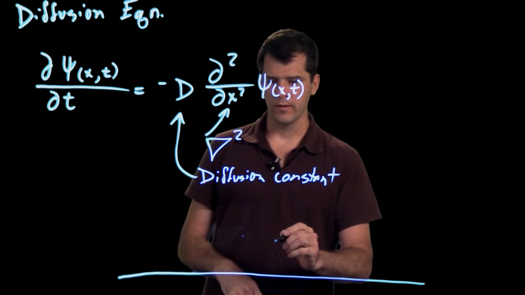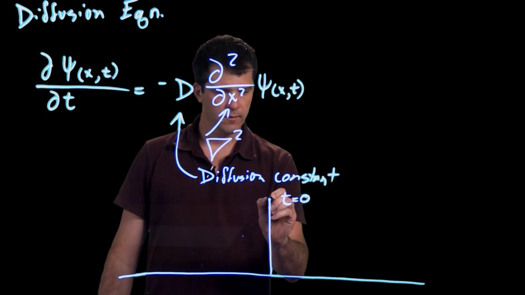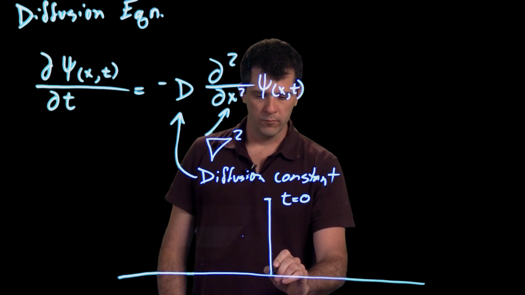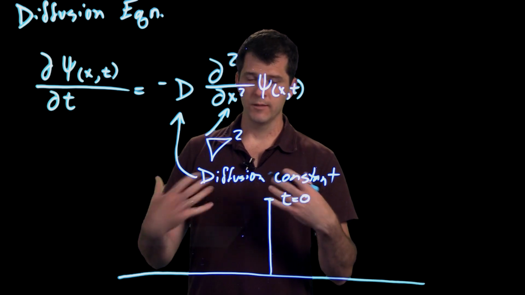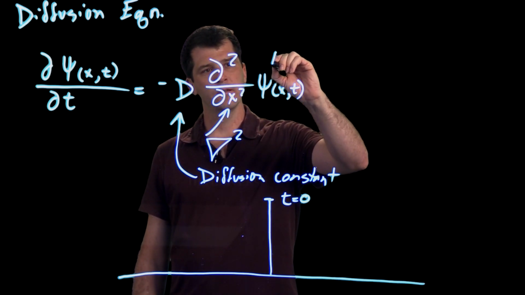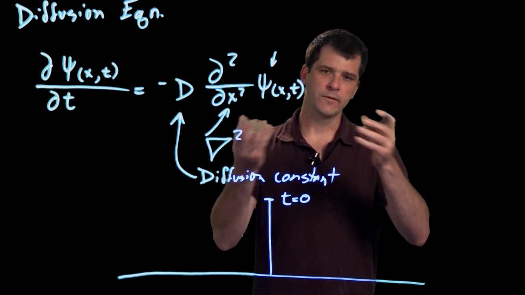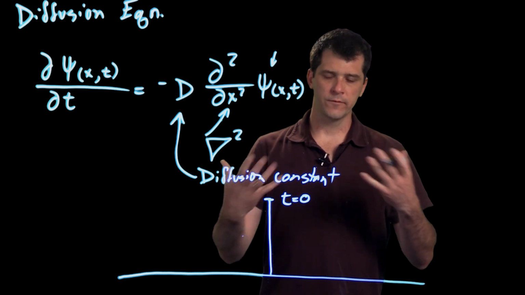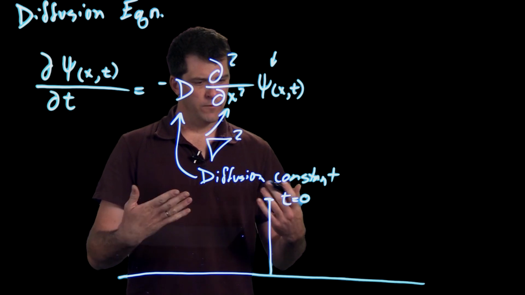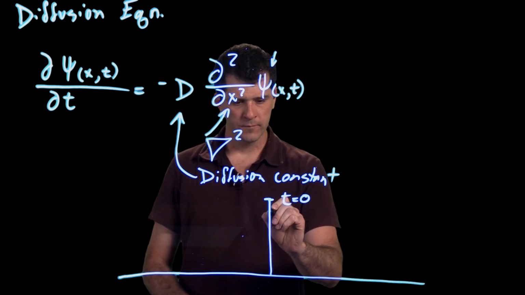So what we'll do is say at time equals 0, we have a Dirac delta function or an impulse of concentration. So we're going to represent the concentration here as this wave function. So this would mean the concentration of food coloring that you put in the glass, or the amount of phosphorus you put in silicon. And then as the time evolves, the diffusion equation basically spreads this impulse out.